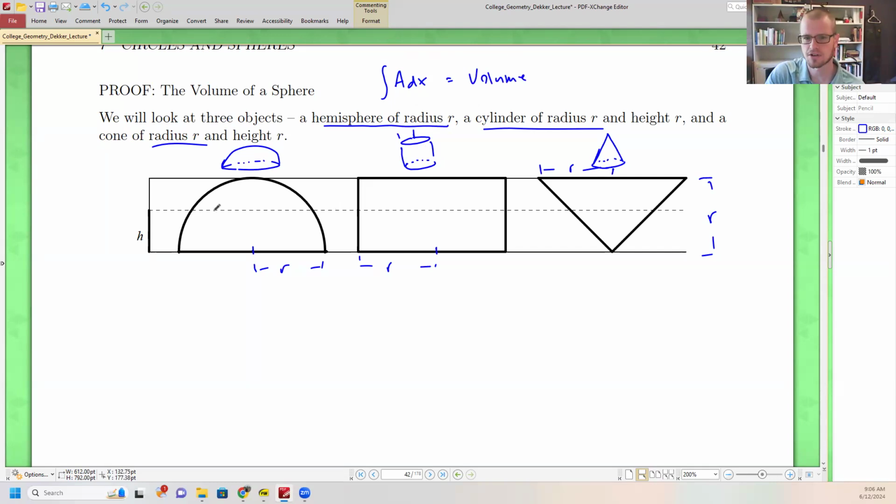So when I consider the cross-sectional area here for the hemisphere, here for the cylinder, and here for the cone, I can integrate over those areas to give me the volume. Now, we're not actually going to integrate because we already know these formulas, but we want to get this relationship established through these cross-sectional areas.